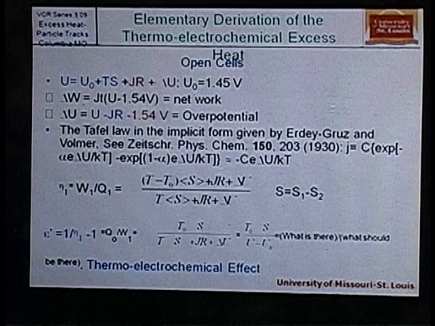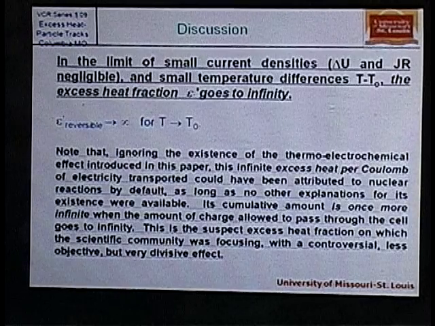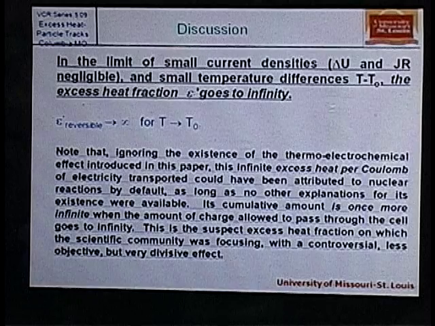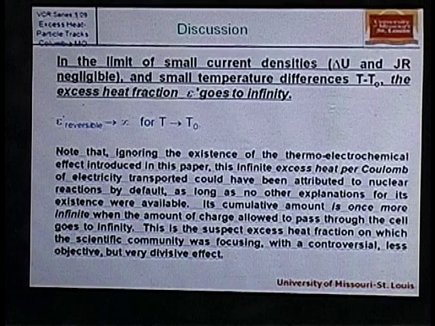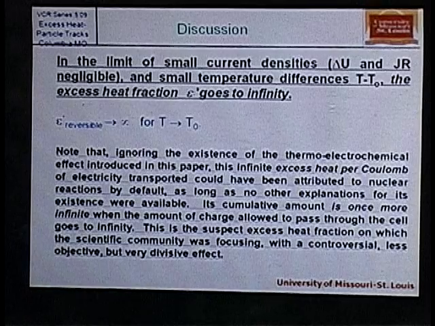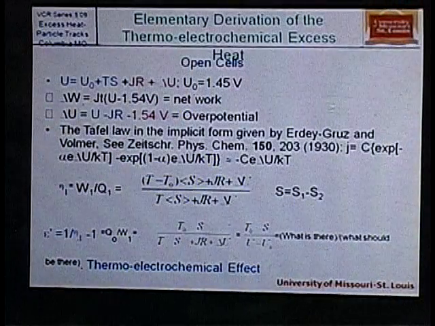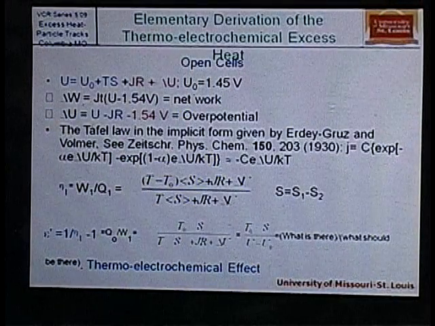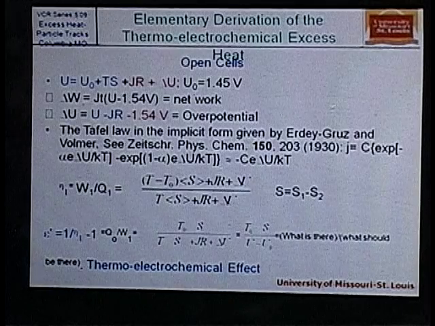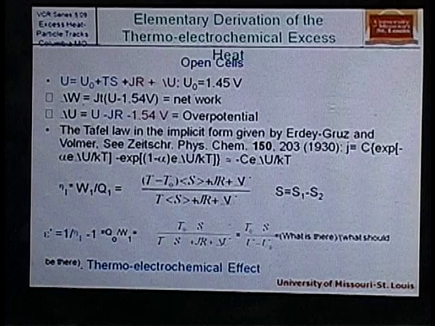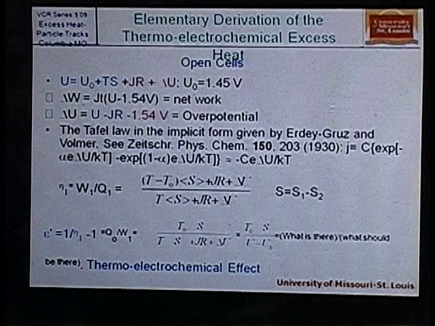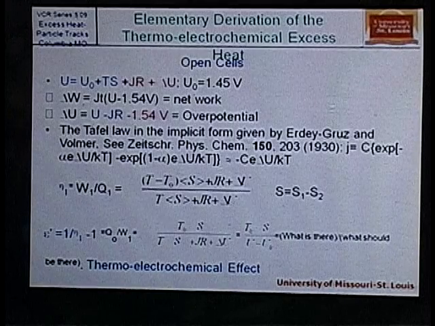And we notice that this epsilon in the reversible limit, when the dissipative effects go to 0 and the temperature difference goes to 0, this means that S, the difference between S values, times the temperature difference between inside the calorimeter and outside goes to 0.